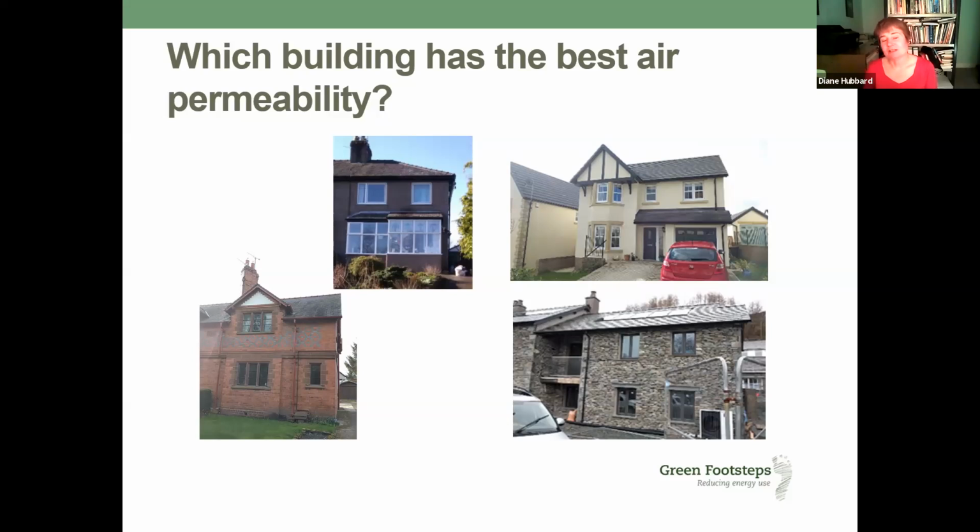It's quite interesting that the property is really quite airtight. Not quite airtight, but even compared to the requirements on new builds, it's got a good result. It's not airtight compared to a passive house, but the result could have been expected to be 20, say, and it's actually a bit over 5.